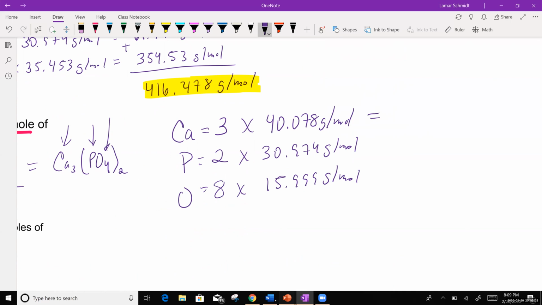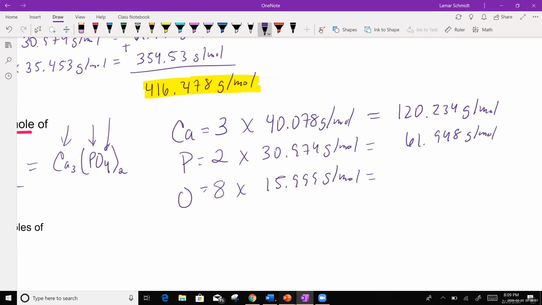So you just simply multiply those out. Let's do that real quick. 3 times 40.078 gives you 120.234 grams per mole. 30.974 times 2 gives you 61.948 grams per mole.